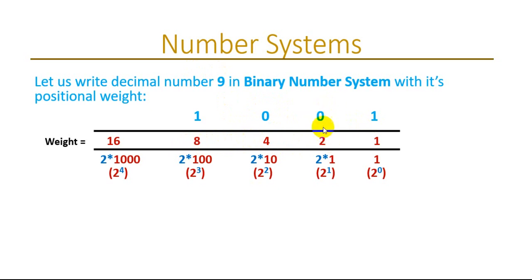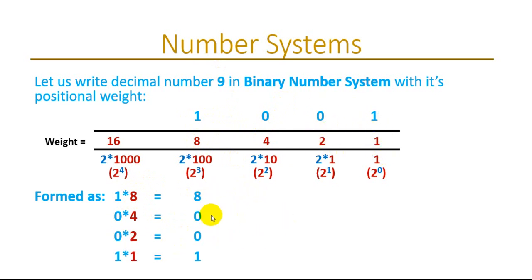So 0 there. But we want 1, because 8 and 1 will become 9. Let's see how it's formed again: 1 into 8 is 8, 0 into 4 is 0, 0 into 2 is 0, 1 into 1 is 1. When you add these, 8 plus 1 is 9. So the decimal number 9 is written as 1001 in binary.